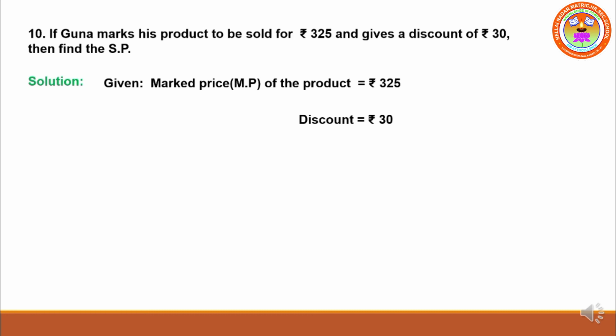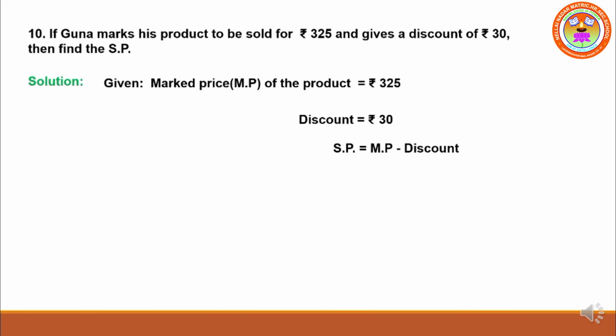Now we have to find what is the SP of the product. Since we have to find what is the SP of the product, we are going to use the formula discount is equal to MP minus SP. Since I have to find what is SP, I have interchanged the values SP and discount. So the formula becomes SP is equal to MP minus discount. This is the formula. Yes.